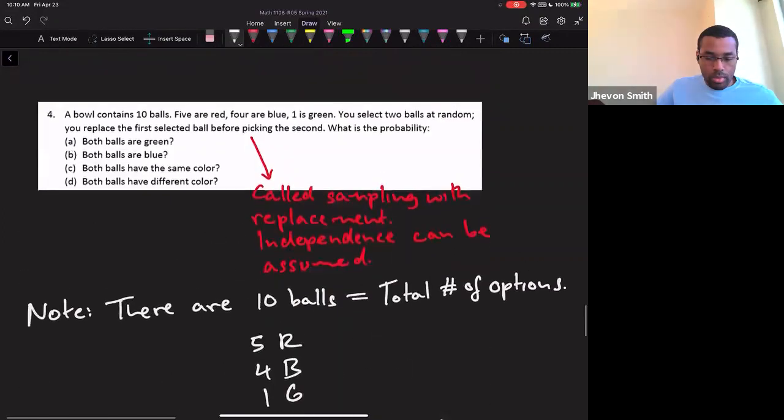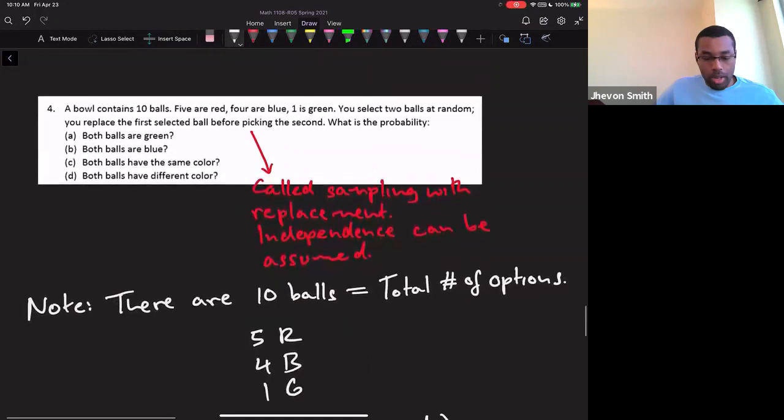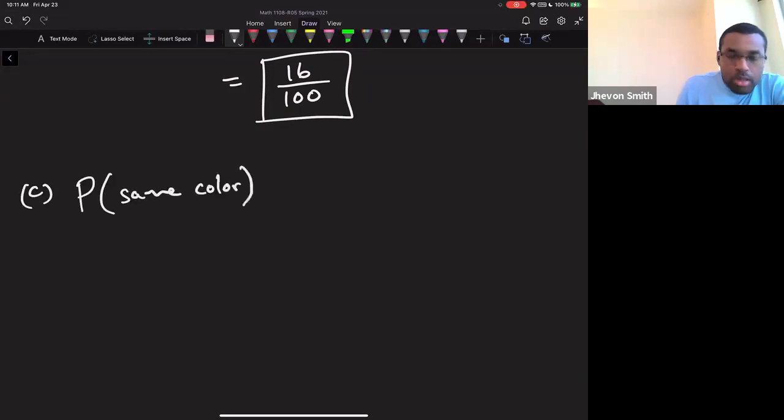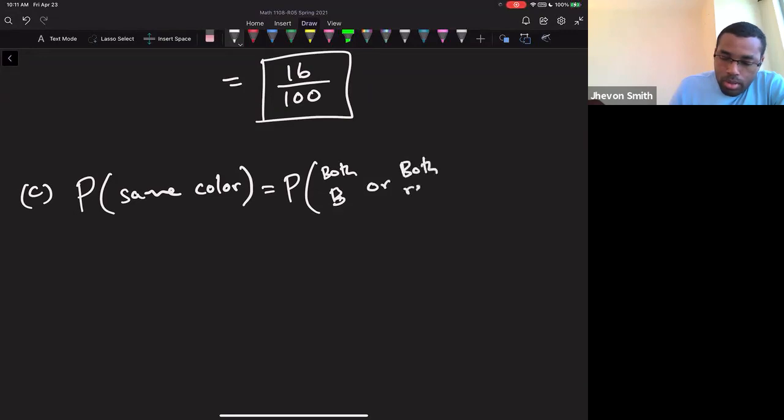Probably the balls have the same color. So if we move on to C, probability of same color. Well, this would mean the probability that both blue or both red or both, why did I type out red?